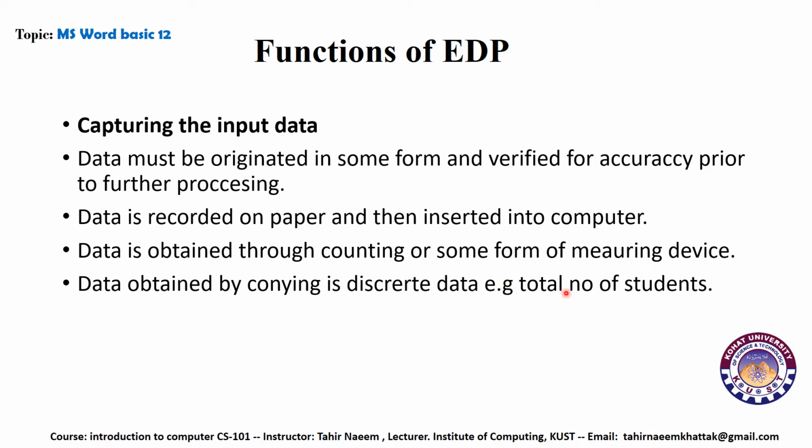Here I am giving you the example of the total number of students. Whenever I want to know how many students I have in the class, I will count them one by one and tally it, and I will know the total number of students. This kind of data is called discrete data.